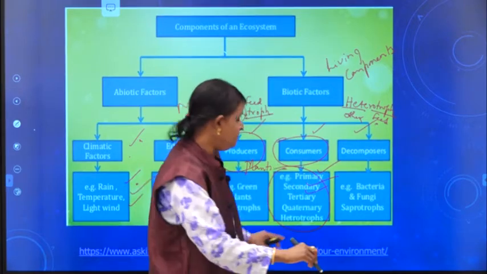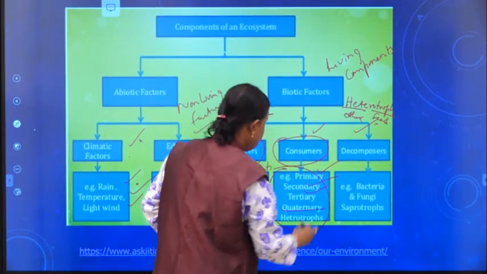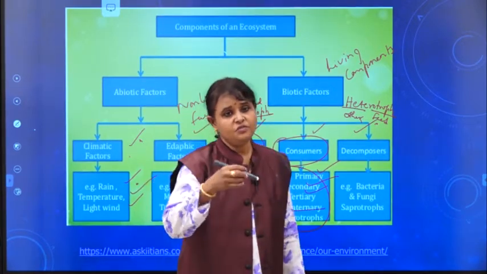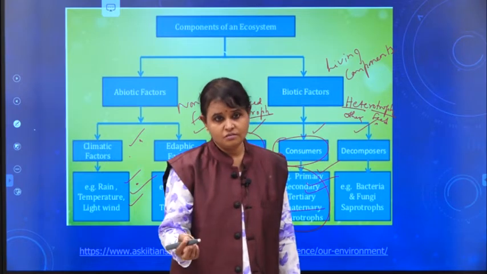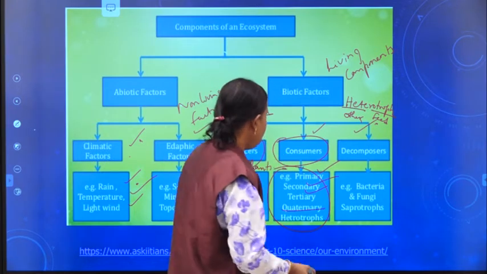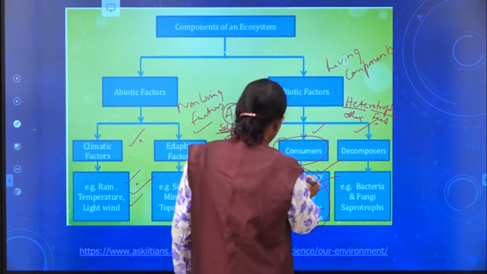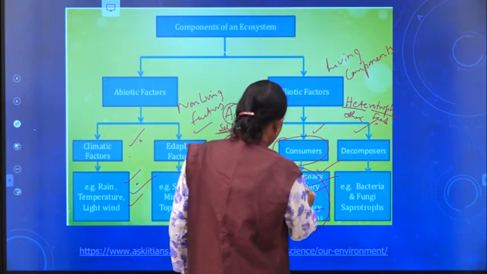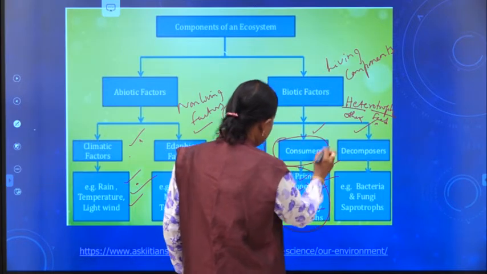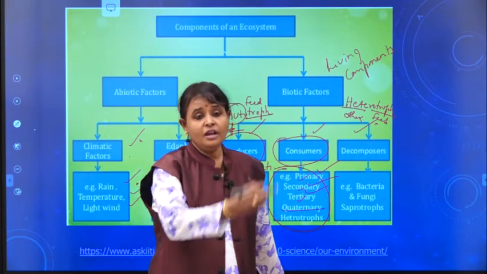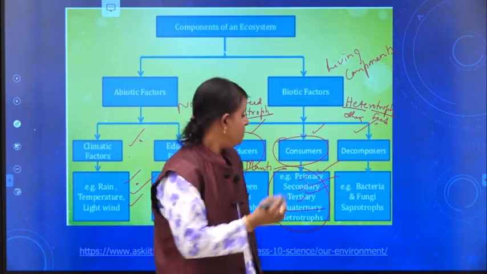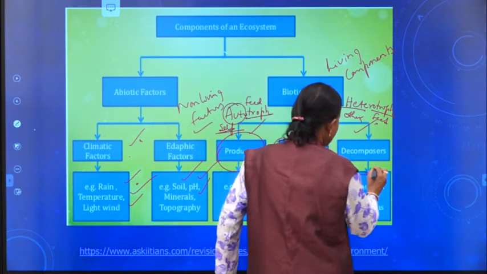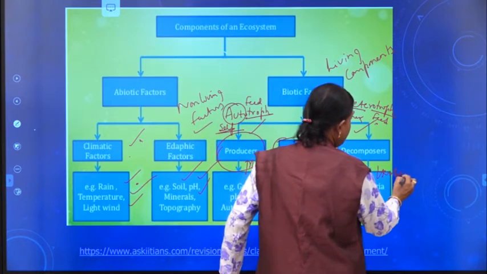Here they give another example, that is quaternary. Quaternary means which feed on top carnivores, right? Okay. Now you can see what are primary consumers, secondary consumers, tertiary consumers. What I told you in the last class, primary consumers means herbivores.